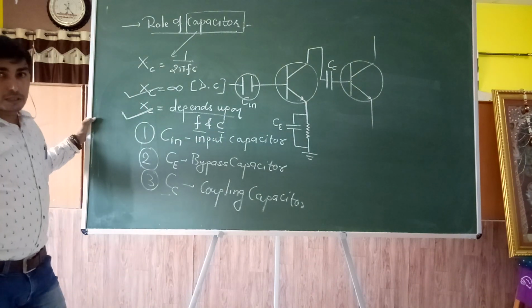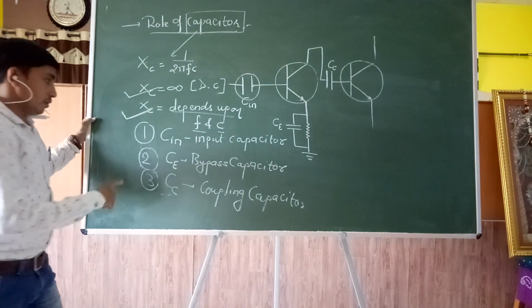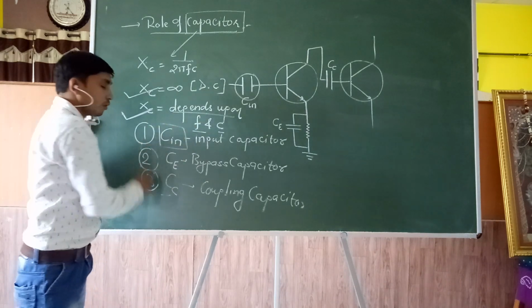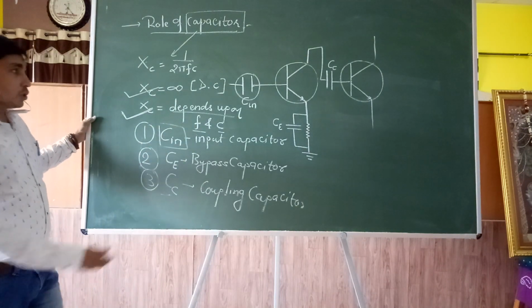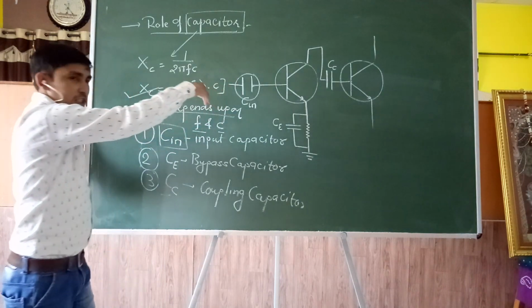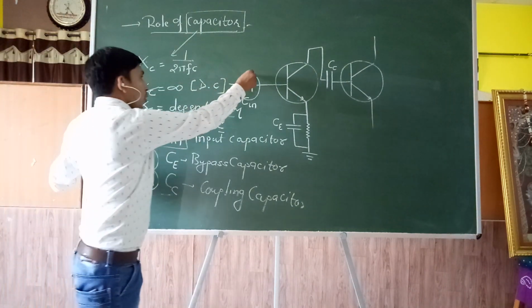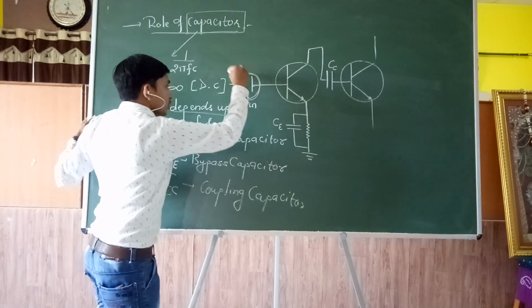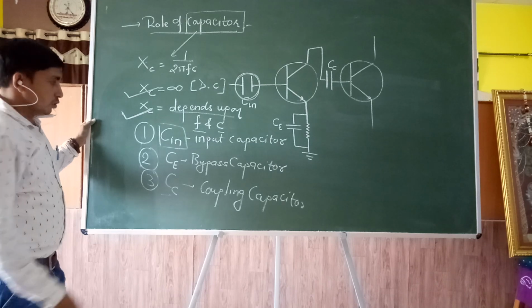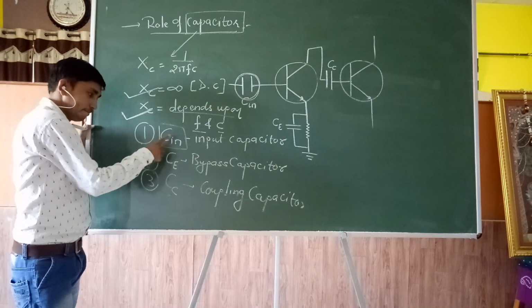A capacitor will block DC and allow AC. So whatever DC components are present in the input signal will be blocked by this capacitor to provide DC isolation. This is the first purpose.